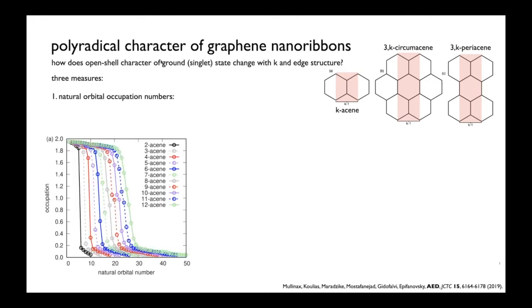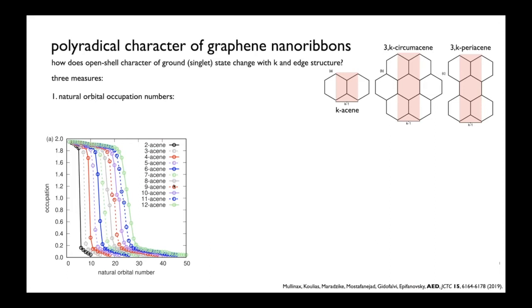I can monitor this polyradical character in 3 different ways. First thing, I could look at natural orbital occupation numbers, which are given here. Again, I mentioned earlier that 2 represents a doubly occupied orbital and 0 represents an empty orbital. So for naphthalene, you have mostly an MO theory picture. You have mostly doubly occupied and mostly empty orbitals.